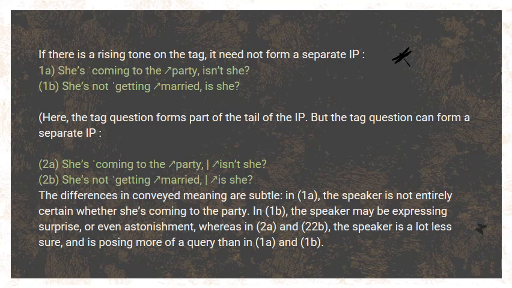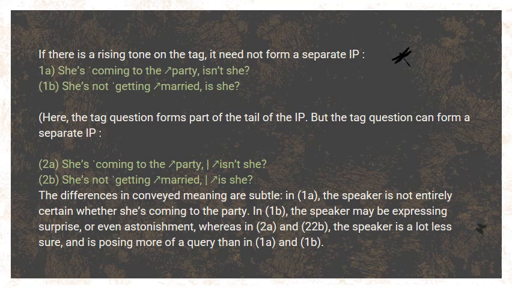For example 1b, she's not getting married, is she? Here, the tag question forms part of the tail of the IP, but the tag questions can form a separate IP. For example, in example 2a, she's coming to the party, isn't she? For example 2b, she's not getting married, is she?